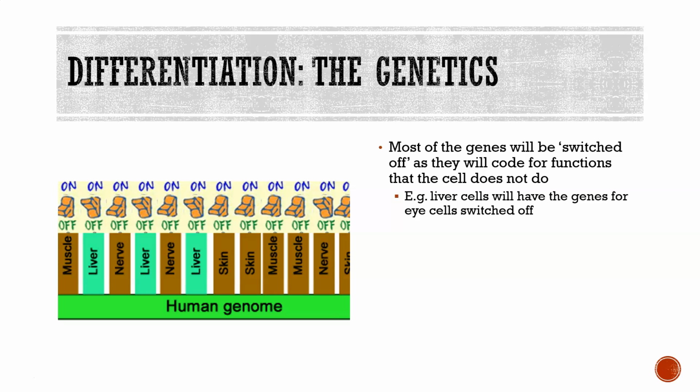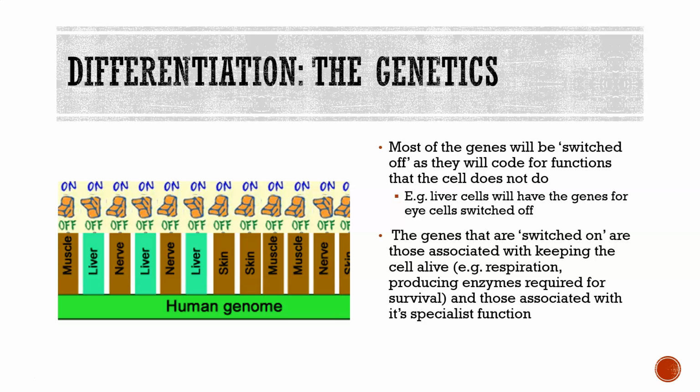All right, so for example, liver cells will have the genes for eye colour switched off. The gene's still there, but it's not being used. And when you look at this diagram here, it's showing that only the genes for liver cells are switched on. Everything else is off. The genes that are effectively switched on are those associated with keeping the cell alive. So for example, respiration, producing enzymes required for survival, and those associated with the specialized function of that cell.